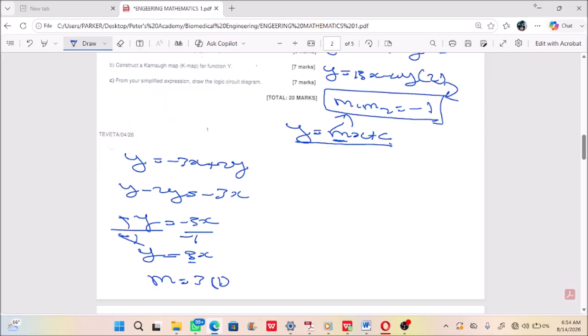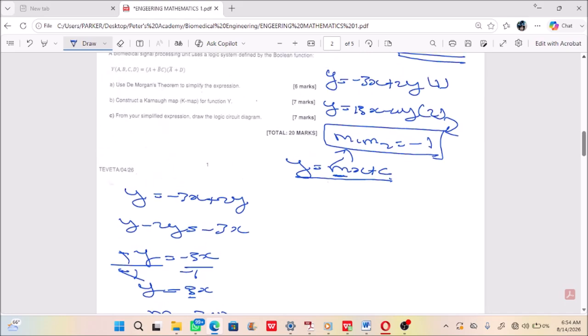We go to equation 2. Equation 2, what do we have there? y equals 13x minus 4y. Let's collect like terms, so y plus 4y equals 13x.